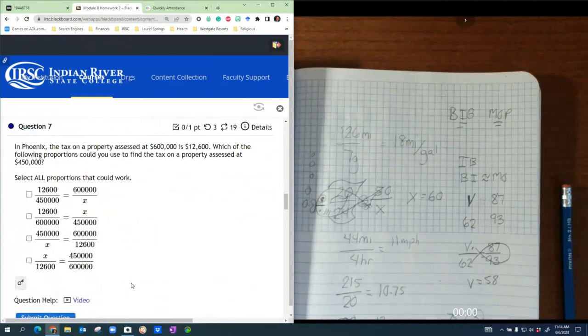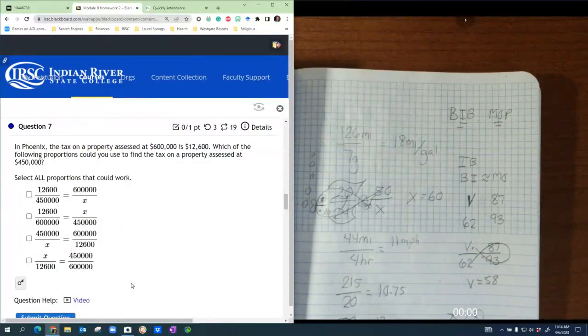Now it says in Phoenix, the tax on property assessed at $600,000 is $12,600. Which of the following proportions could be used to find the tax on property assessed at $450,000?